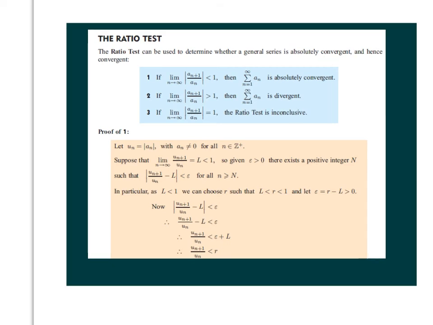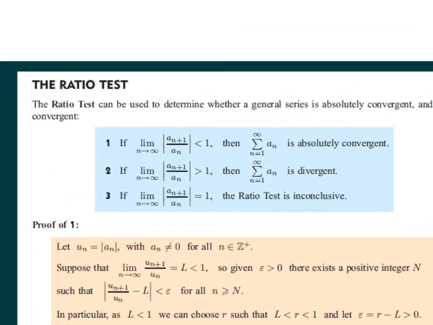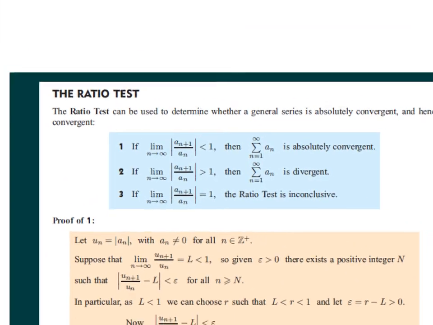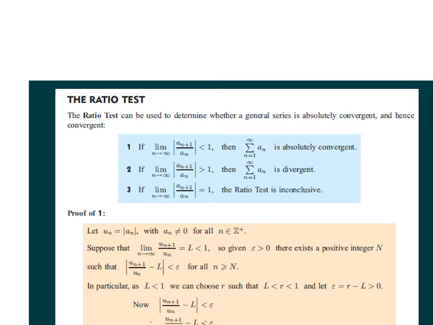All right, so here's the ratio test. I'm not going to go through the proof, but the ratio test tests the ratio of any term divided by the term before it as the number of terms goes to infinity. All right, and you can just thank someone incredible who came up with this, but if the limit as n goes to infinity of the absolute value of the next term divided by the previous term is less than 1, then it's convergent.